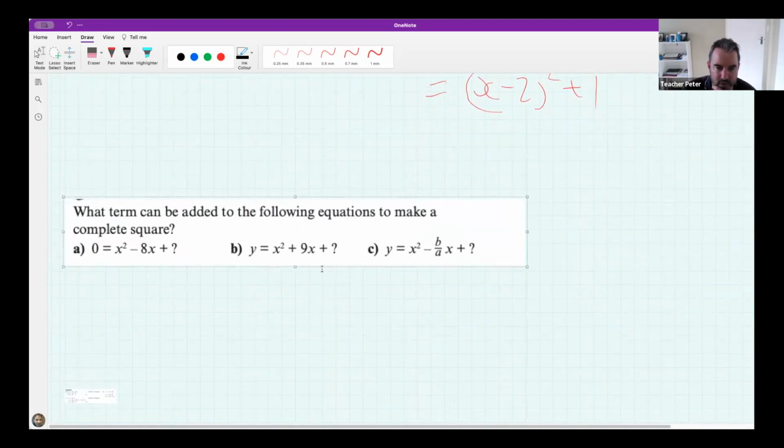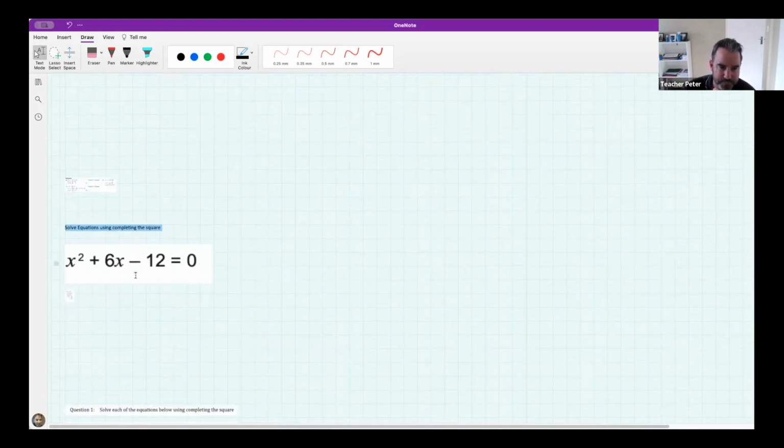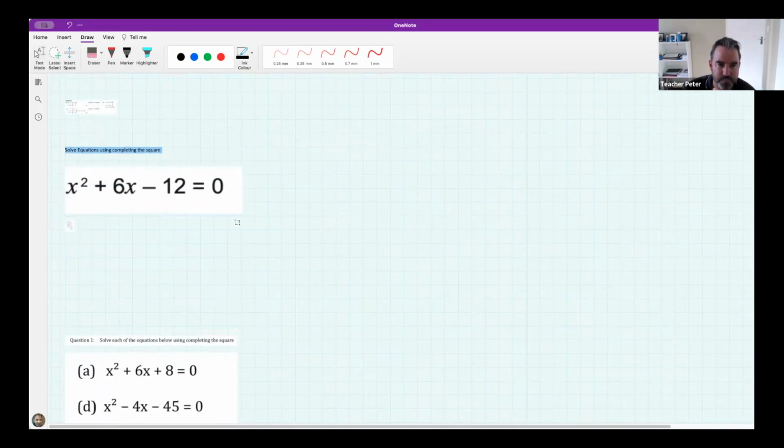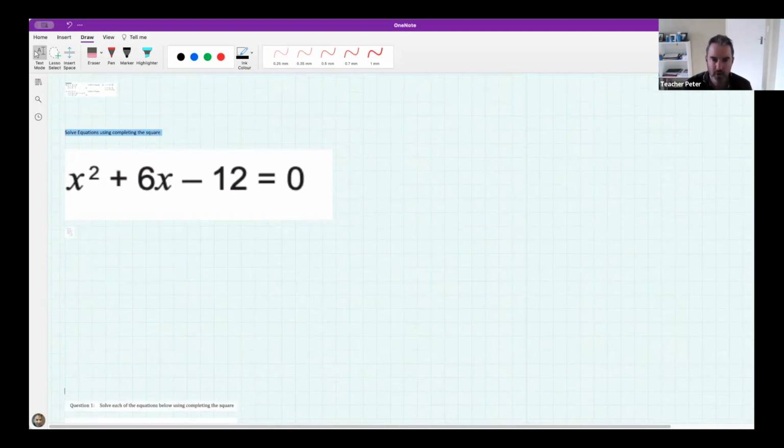Let's do it with this one. We're going to solve this by completing the square. Completing the square always focuses on these two parts here, and it's almost like this gets in the way.